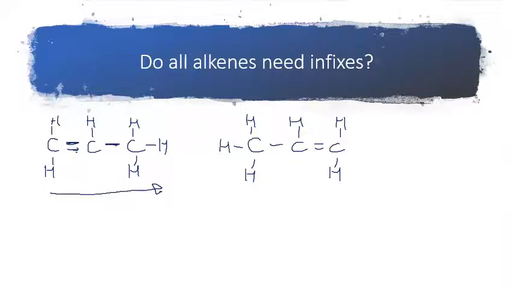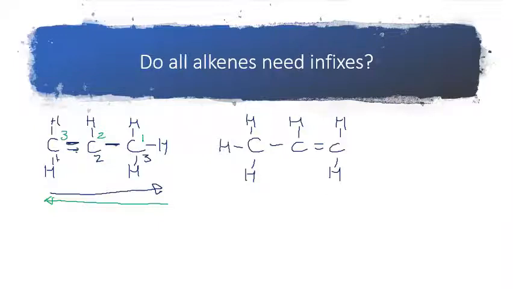That would be carbon 1, carbon 2, and carbon 3. If I was to number the carbons in the opposite direction in green, then that would make that carbon 1, that carbon 2, and that carbon 3.